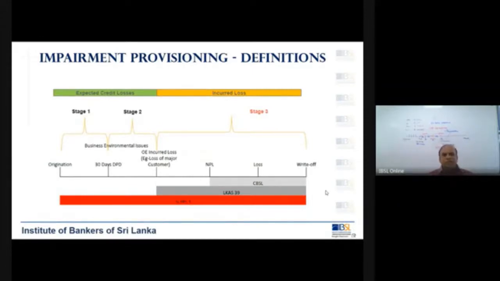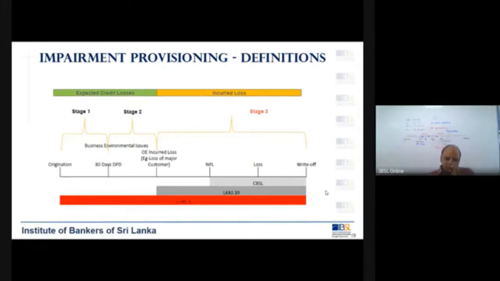So in the diagram, if you look at it, from the origination and up to the point where it comes to NPL or a non-performing loan, there is no problem. But thereafter, what is happening? You need to start making provisions. And sometimes if the customer never pays, you may have to write off the loan. Write off the loan means that's a complete loss to you. No option. Right? So that is how the loan works under the CBSL mechanism.